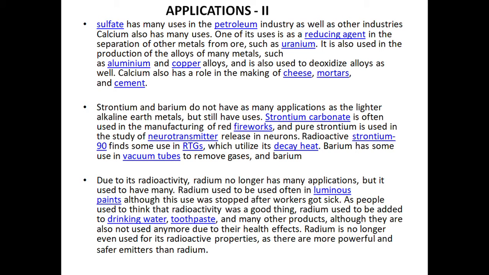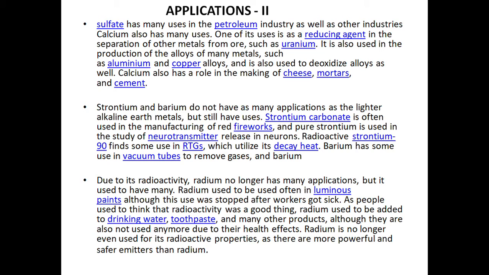It is also used in the production of alloys of many metals, such as aluminium and copper alloys, and is also used to deoxidize alloys. Calcium also has a role in the making of cheese, mortars, and cement.